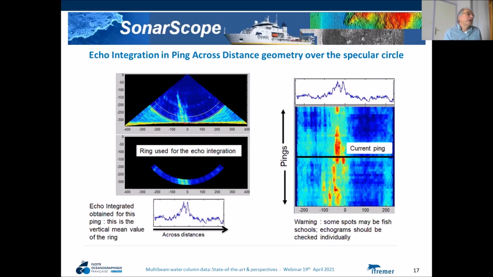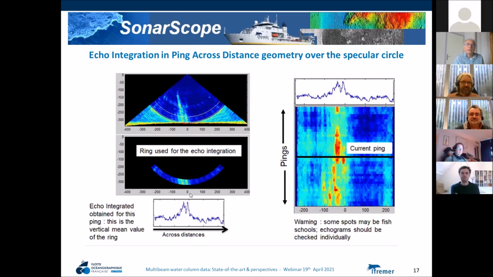We therefore defined a ring here, where we extract the data that is seen here, and this data is summed vertically, or should I say averaged. The eco-integration signal for this ping is plotted here. You see the plume here.